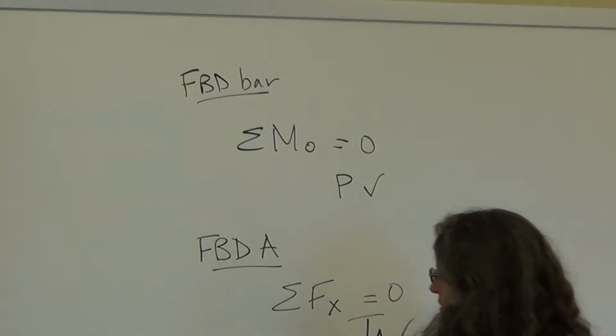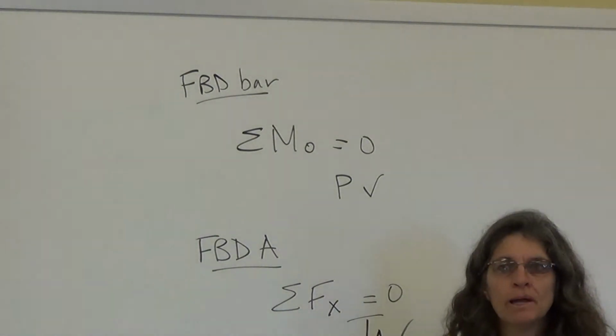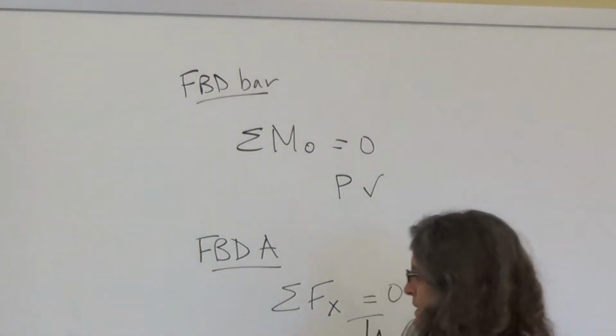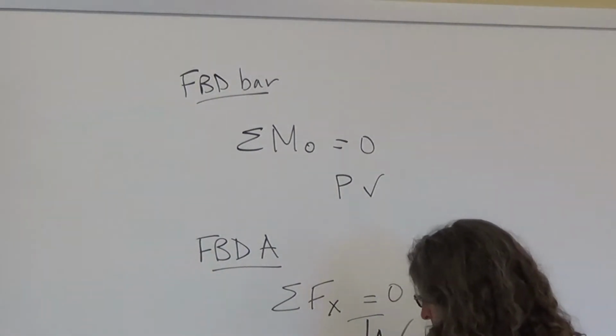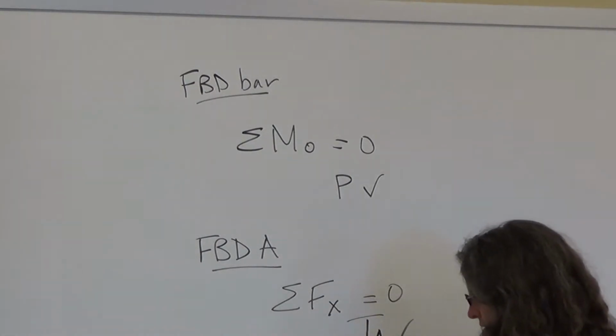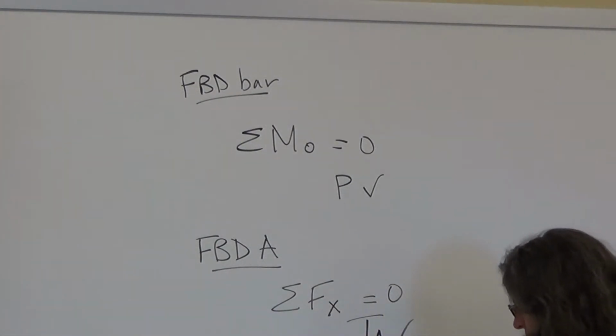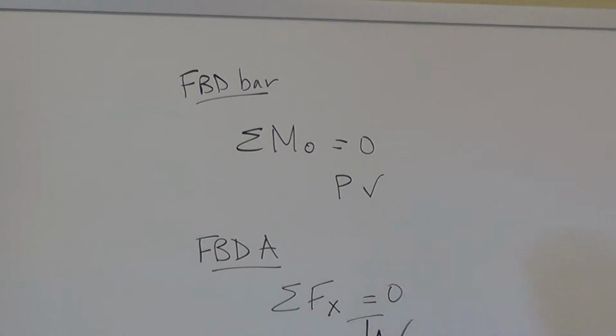Okay, and then what's the other free body diagram you're going to use? B. Free body diagram B. We could do sum of the forces in the x again, and what are we going to find? TB. How about this?